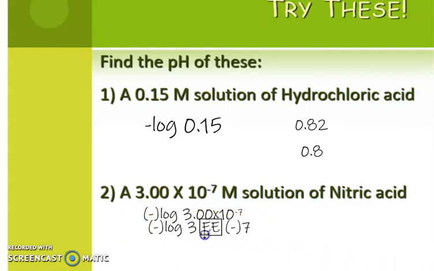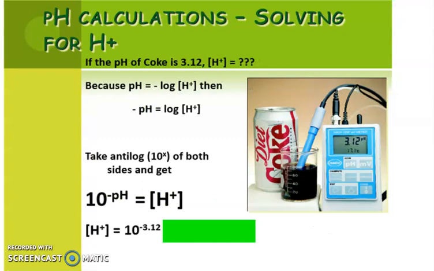You would punch it into your calculator as negative log 3 EE negative 7, and then you'd find a value. And now you know you're going to have a value that's around 7 somewhere. Okay, and so that'd be 6.5. It goes to the hundredths here, so that really means you need to go to the 10th for your values there. Okay, and let's go ahead and move on to another type of problem.